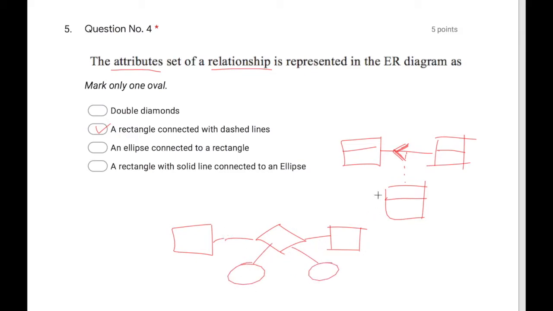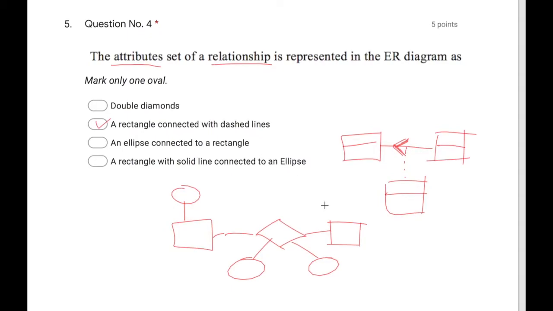It can be like this or like this. So this one is the correct answer. Not this one, ellipse connected to rectangle means attribute of entity. This one, a rectangle with solid line connected to an ellipse. So basically these two are the same, so they're both incorrect.